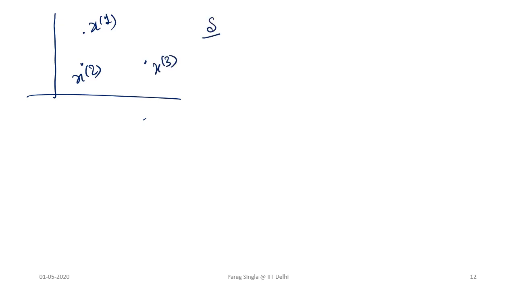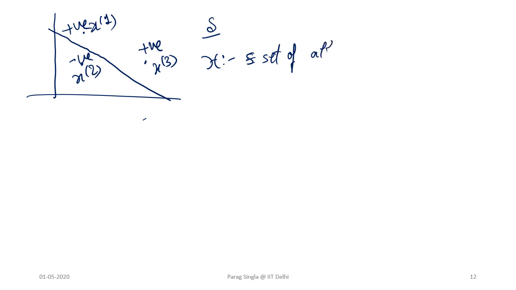Okay, so let's revisit our idea of shattering that we have shown on the previous slide. We have argued that if we have 3 points, let's say these 3 particular points, and this is our set S, then any labeling that we give to these 3 points can be achieved by the hypothesis class H, which is the set of all hypotheses that are linear separators.